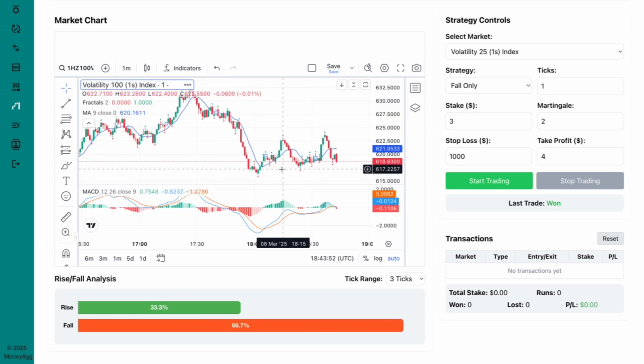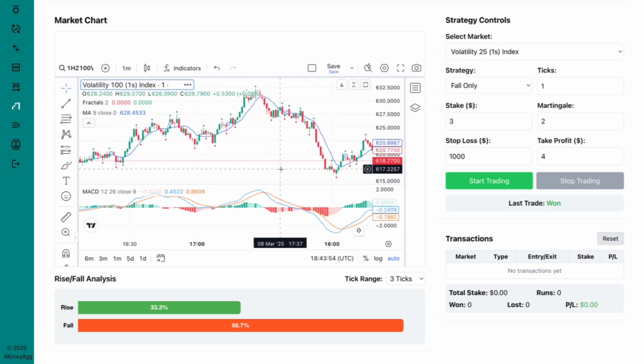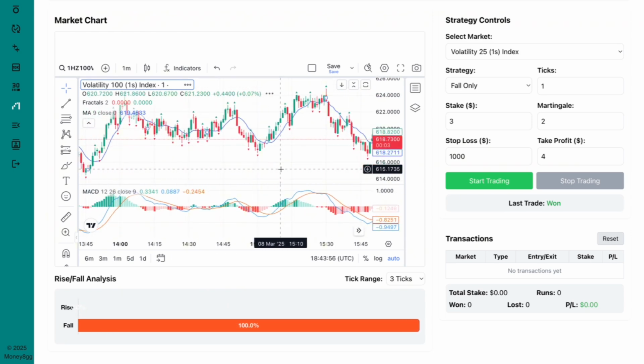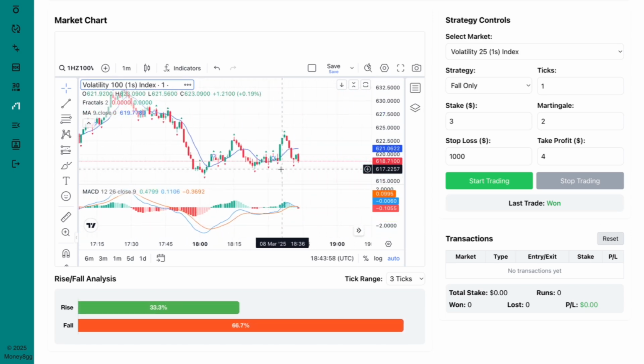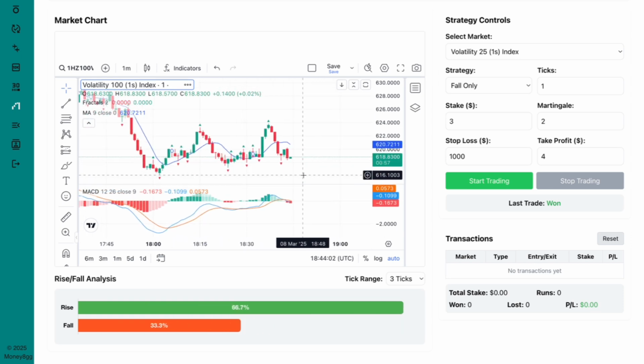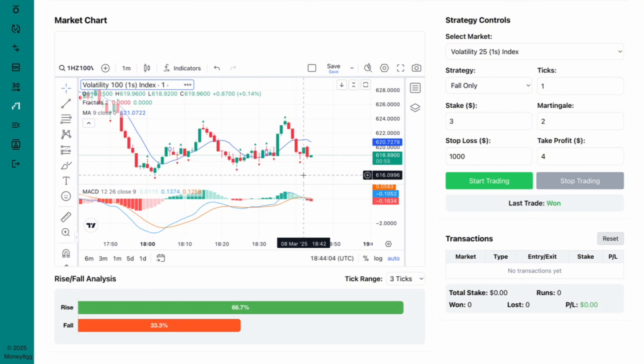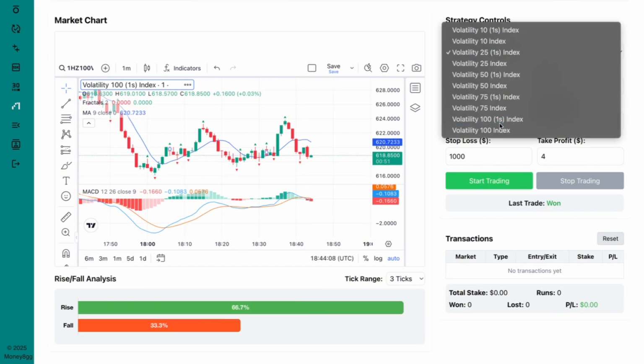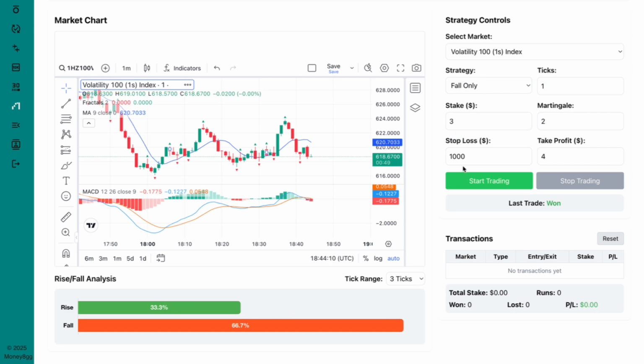101S. Let's see. Where's the market been? What has it been doing? 101S. Let's say 101S. This fall only.